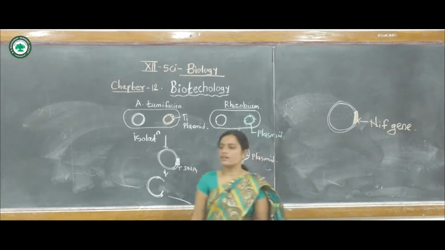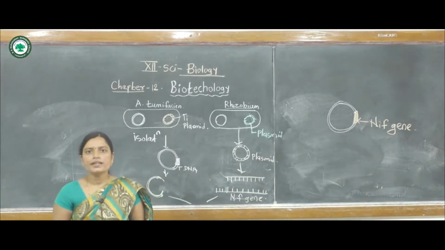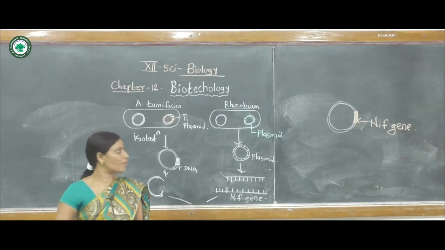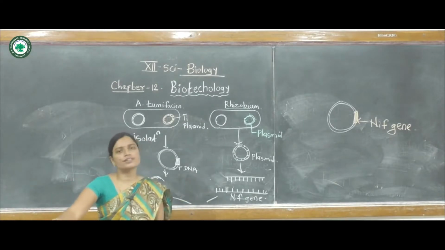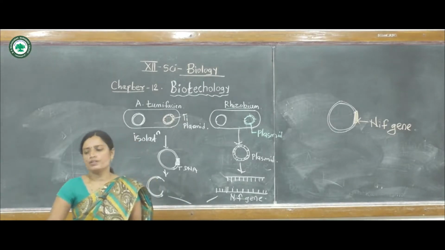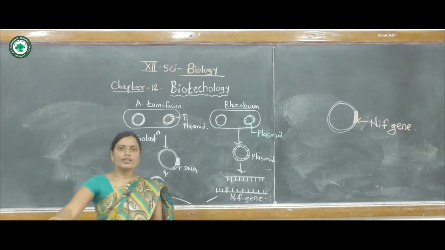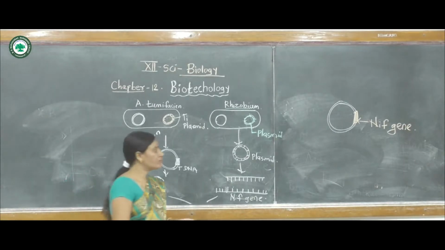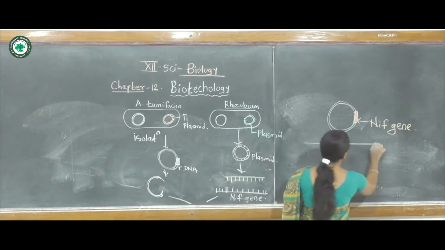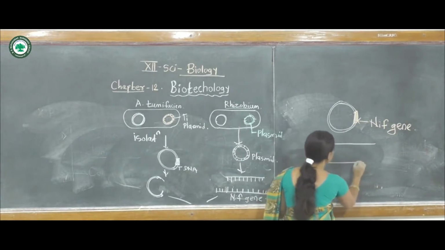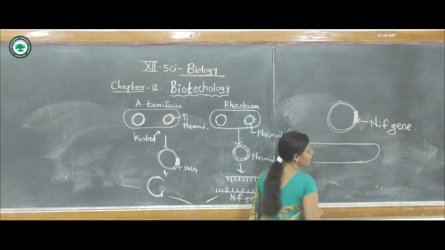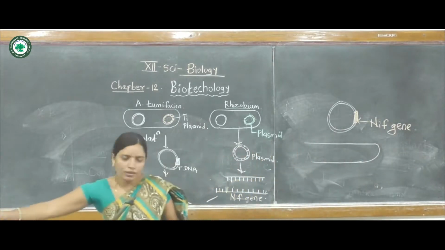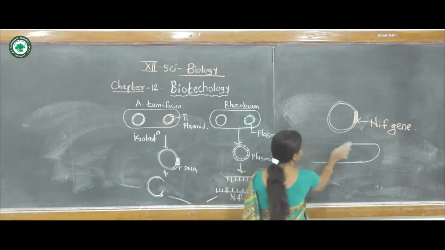This means the T-DNA can also be used for the insertion of another gene, the nif gene. It is a very important gene, and it is introduced into the bacterium cells, the Agrobacterium. Now this Agrobacterium cell introduces this nif gene inside the bacterial cell.